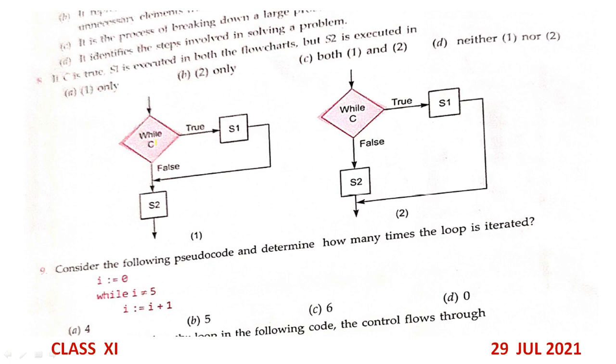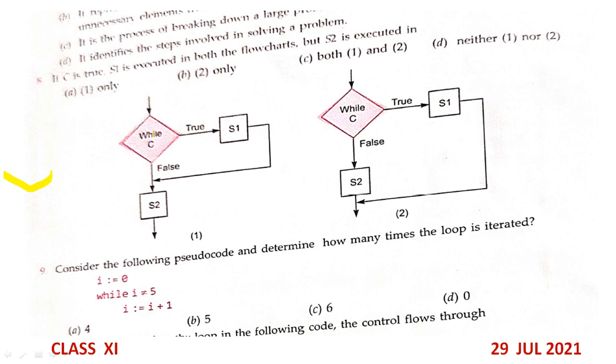Here, while C is true, S1 is executed, and here also, while C is true. If it is false, S2, and here also if it is false, S2. What will be the answer here? While it is true, it will go to the true side only. Even though it moves to S1, it will come back here.